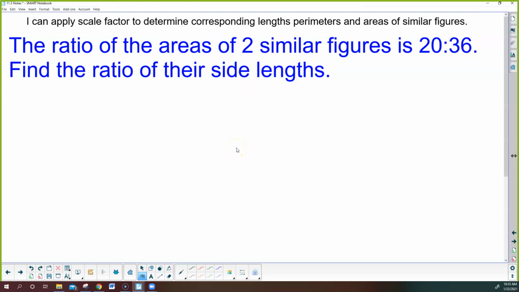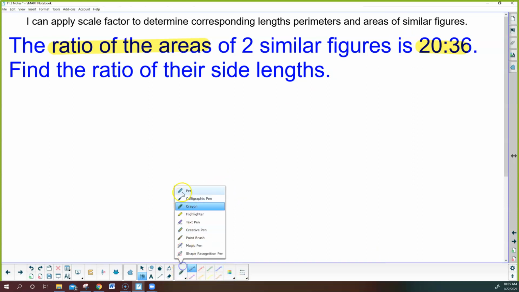So we're going to do this together because every year kids make this much harder than it needs to be. So here's the way I think of it. In the directions, they say the ratio of the areas is, our equal sign, is 20 to 36.